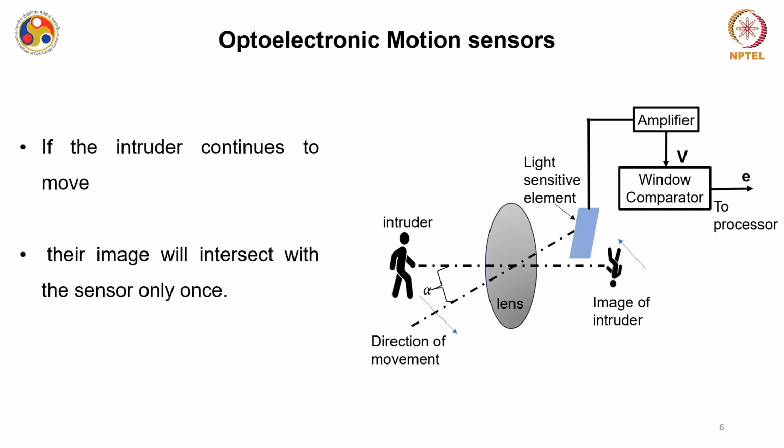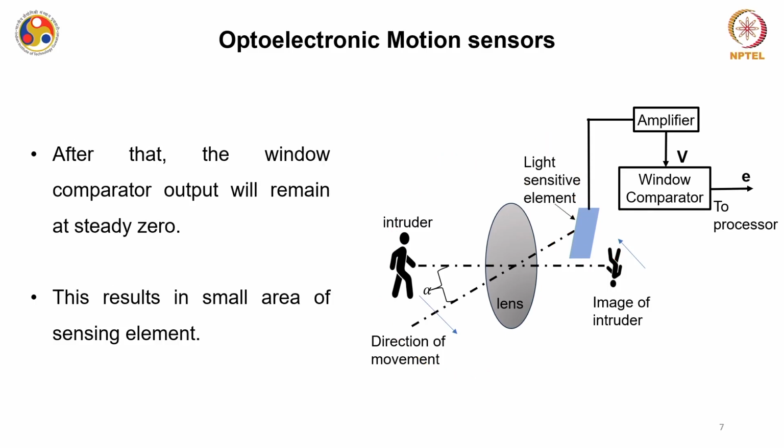If the intruder continues to move in one direction, say in this direction or in this direction, their image will intersect with the light sensitive element only once. It will cross only once. So, you can know his presence if he crosses this light sensitive element field.